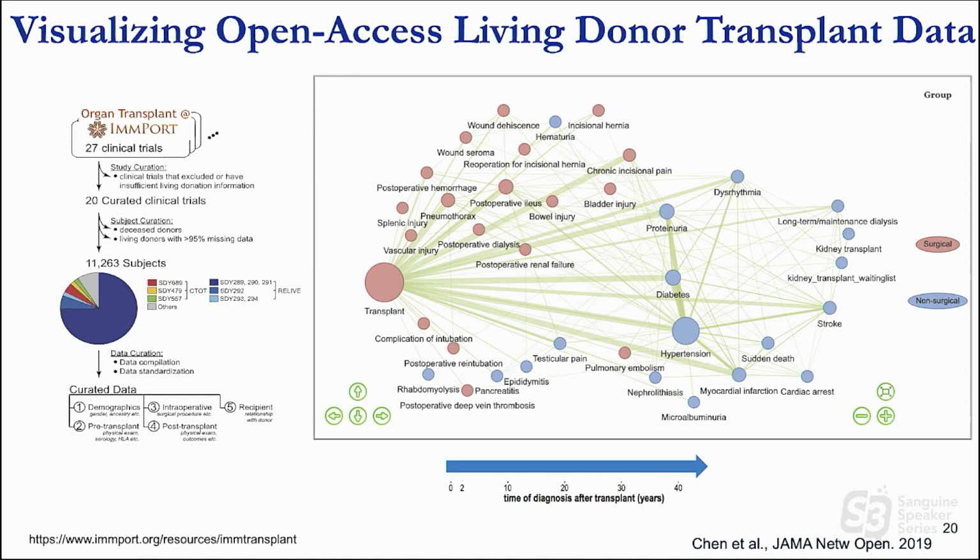Here the data is all based on what was reported in the questionnaire, including long-term maintenance dialysis, and so on. So this gives you an idea about the trajectory, or the path, that a living donor goes through in terms of medical conditions. And this resource is also available in Import if you are interested.